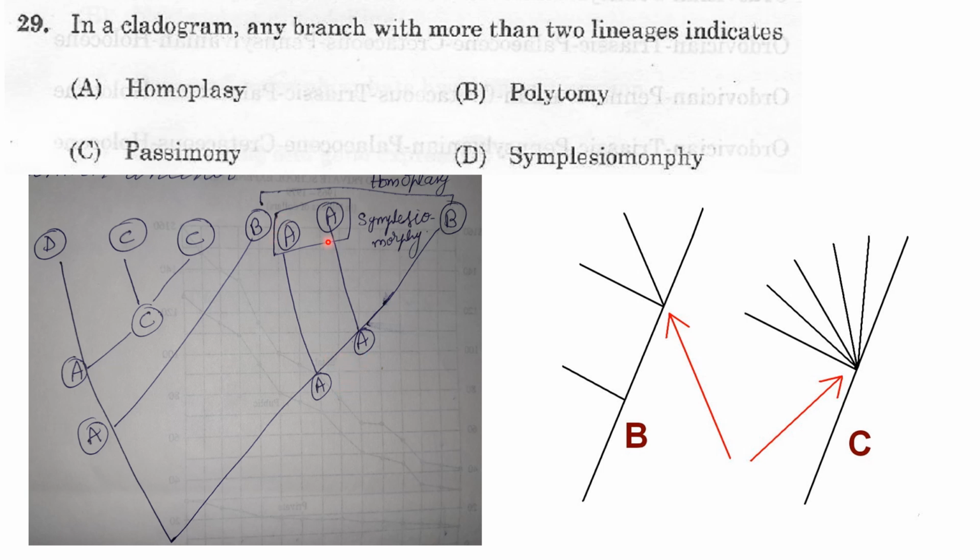Okay, that is symplesiomorphy. So here the ancestor also will have the characteristic, and their great ancestor also will have this particular characteristic. That is symplesiomorphy. So this is an ancestral character that is present in the offspring.